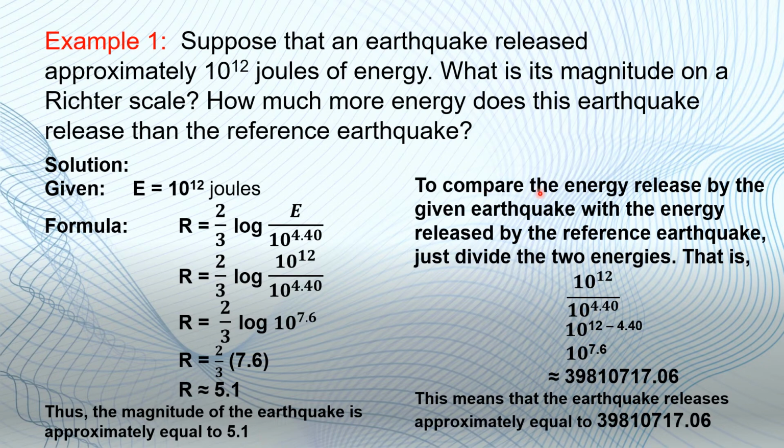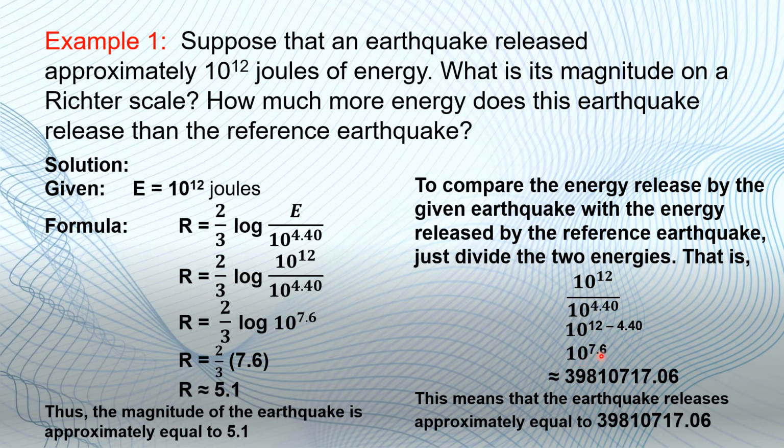To compare the energy released by the given earthquake with the energy released by the reference earthquake, just divide the two energies. That is, 10 raised to 12 over 10 raised to 4.40. Dividing these two, just copy the base which is 10, then subtract the exponents. So 12 minus 4.40 equals 7.6.